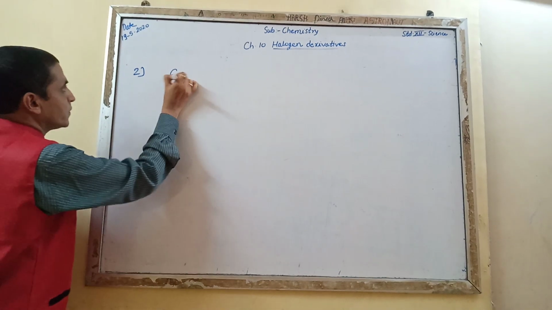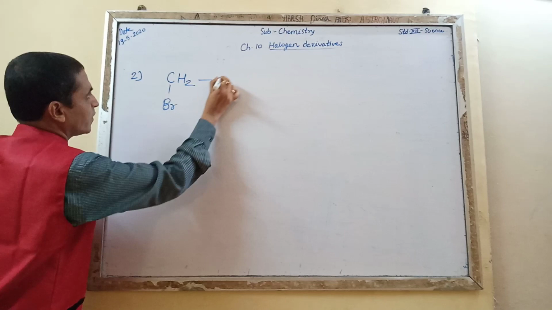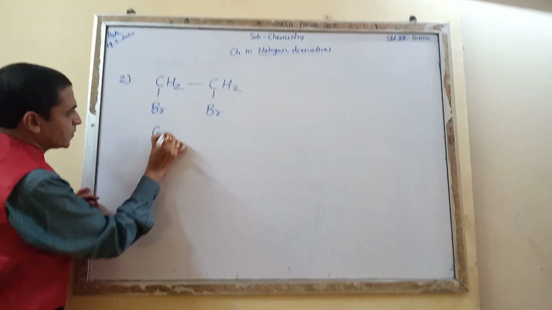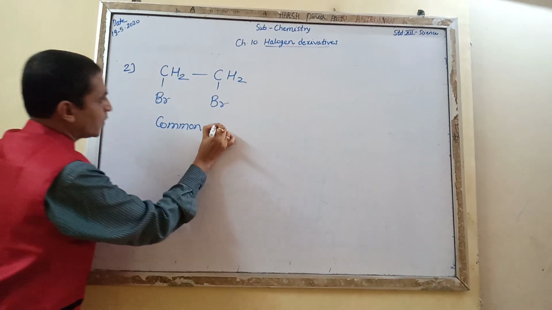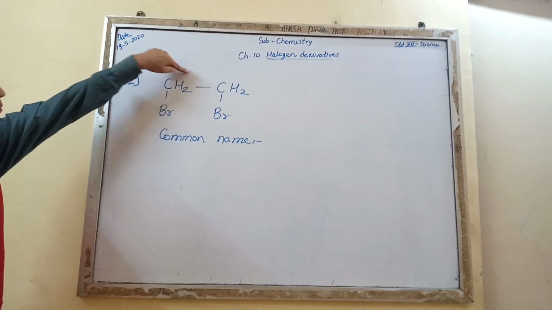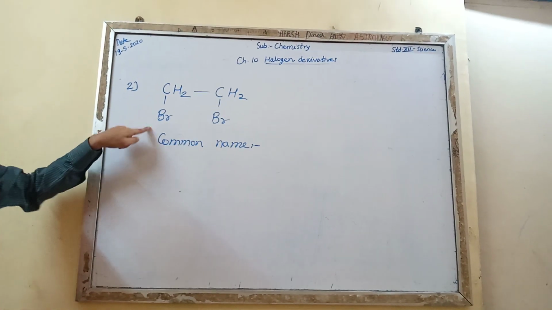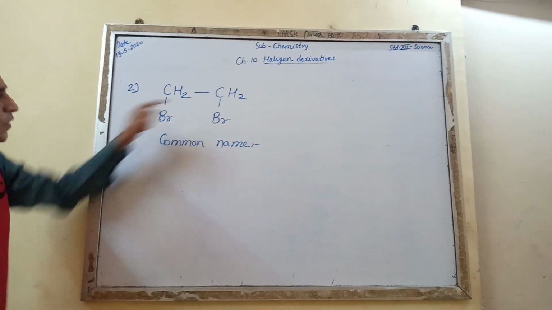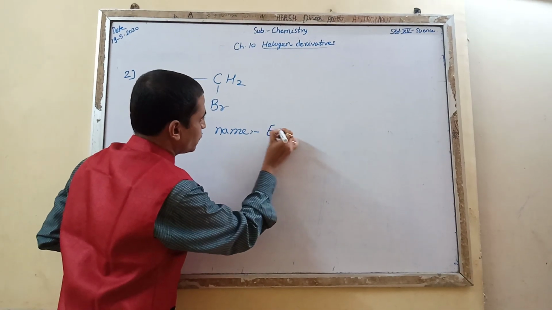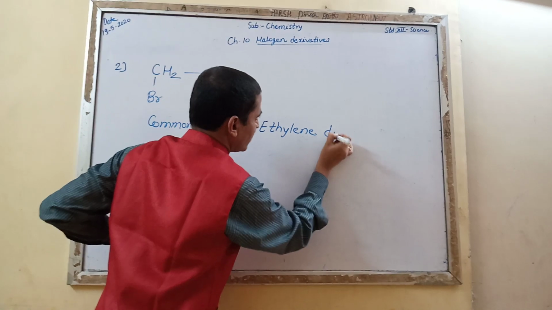Second example, we can consider CH2Br CH2Br. First of all, it is an example of vicinal dihalide because here both the same halogen atoms are attached to adjacent carbon atoms. So its common name is alkylene dihalide, here written as ethylene dibromide.